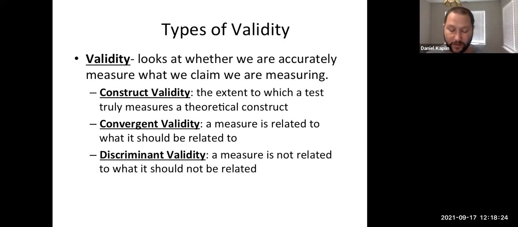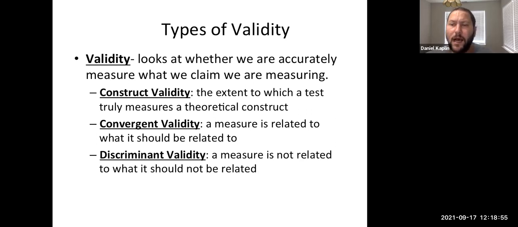Construct validity. So this is where you determine whether the instrument is measuring the theoretical construct it claims it is. So if I wanted to create a happiness measure, I would need to determine whether the items are somehow related to happiness, right? And I would look at the actual content within the measure to determine whether those are associated with happiness.